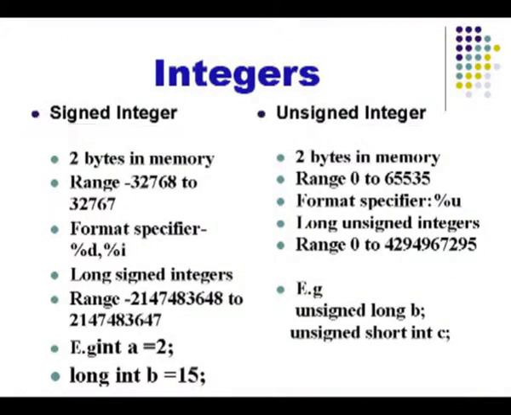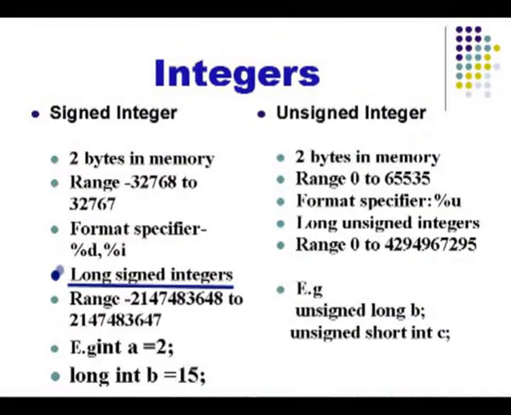Next, we move over to signed integers and unsigned integers. Now, if we will see the characteristics of signed integers, they occupy the same 2 bytes in memory, they represent the same range of values as a short integer, their format specifier is also %d and %i. And in signed integers, we have another classification called long signed integers.